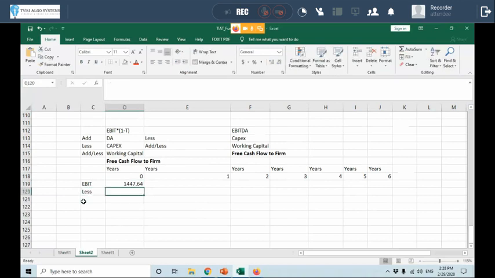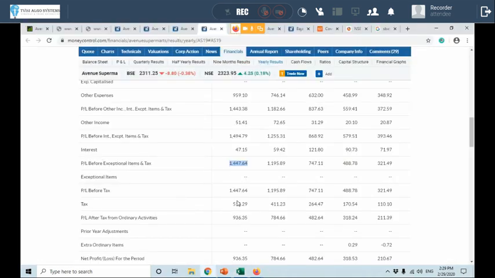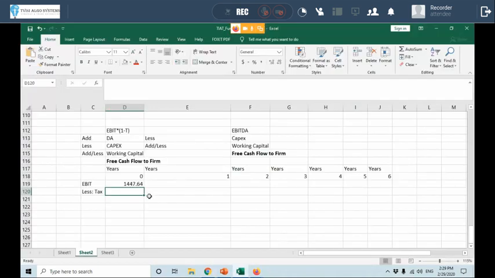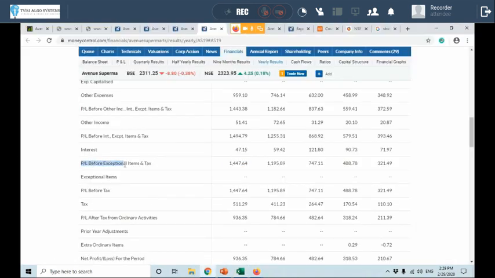Less my tax. What is the tax that I paid? 511. Sorry, we will take this item, 1494.